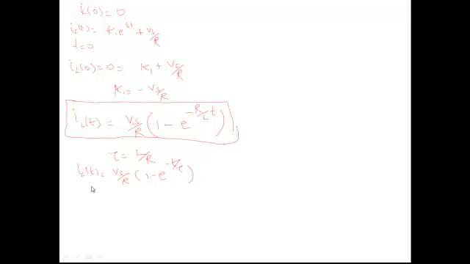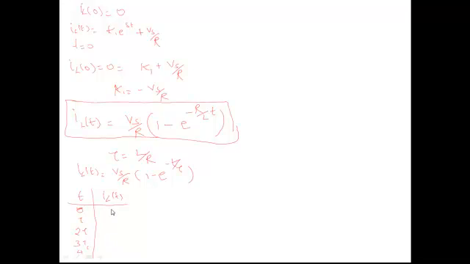Now, what you do is apply various values for t. Take an example, t equal to 1 tau, 2 tau, 3 tau, like that, and find the various values of IL of t. So, let us consider t equal to 0, 1 tau, 2 tau, 3 tau, 4 tau, and 5 tau.